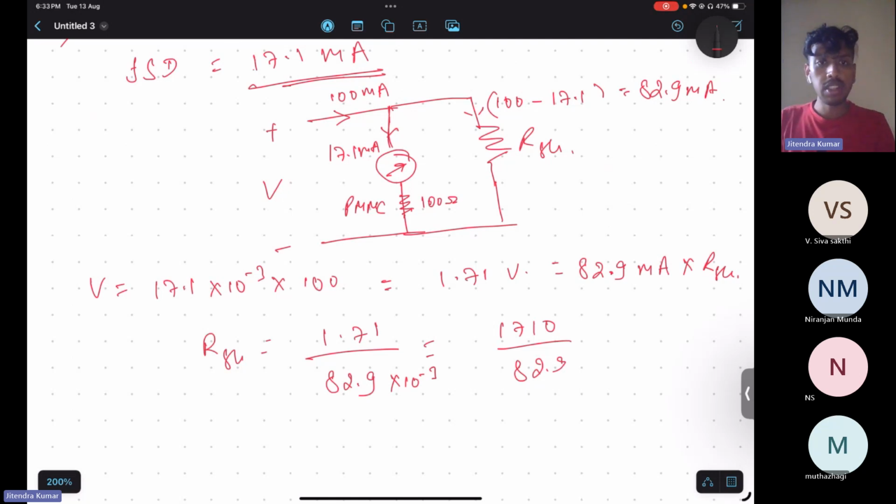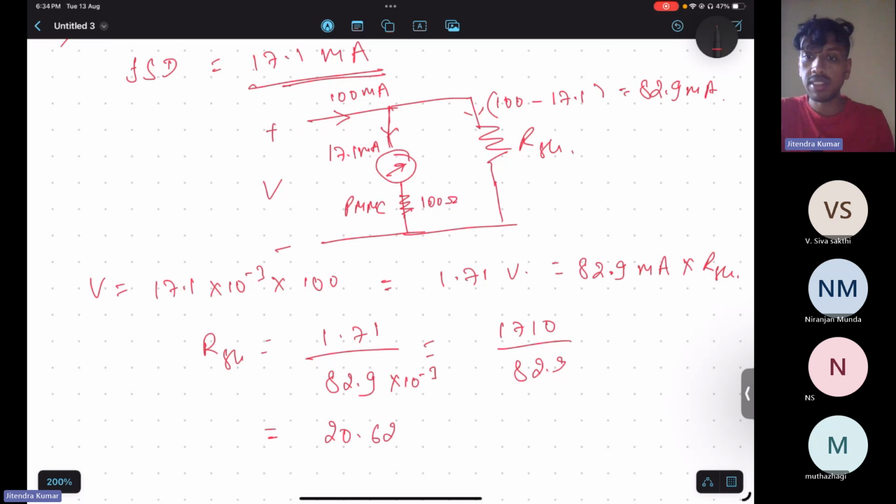So this much is coming, 20.62, isn't it? Yes. And that is again not in the range, is it? No, that is again not in the range.